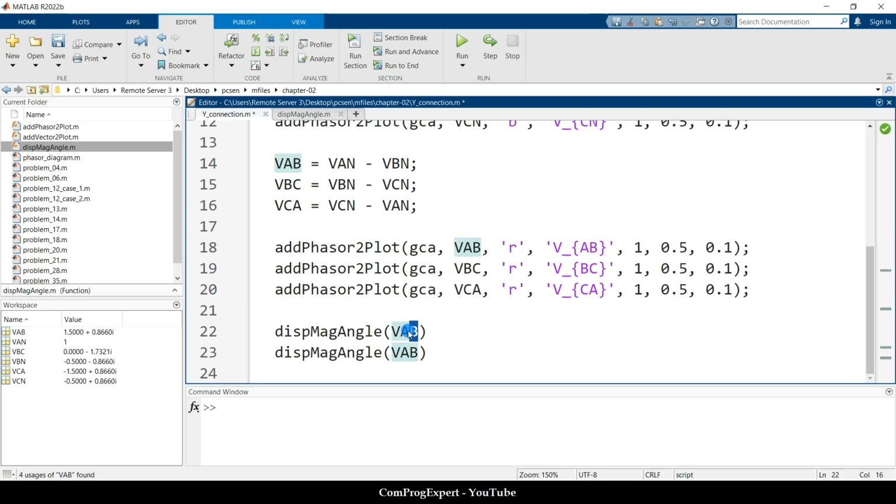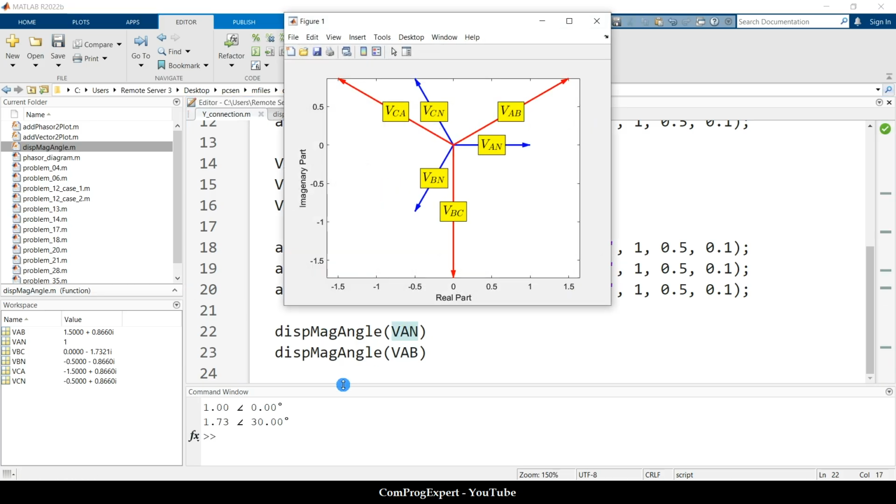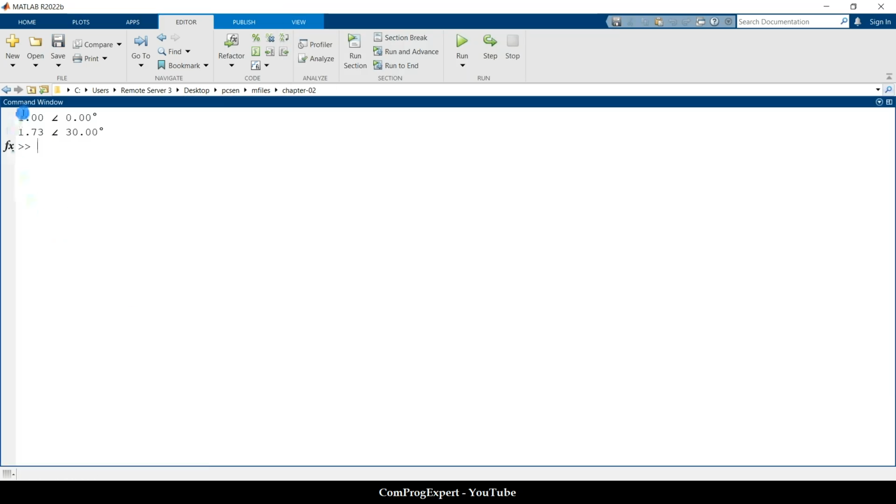If I run the code here, you can see the amplitude of the VAN is 1, its angle is 0, and the angle of the VAB is 30. The line-to-line voltage is 30 degrees ahead of the phase voltage. What about the amplitude? Yes, the amplitude is the square root of 3 times the amplitude of the phase.